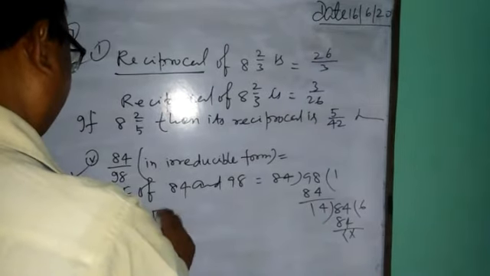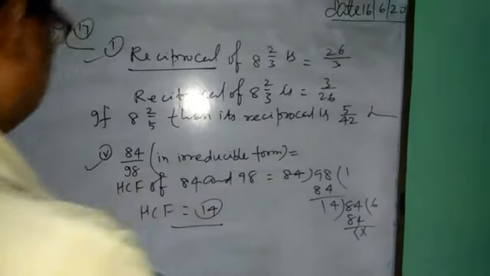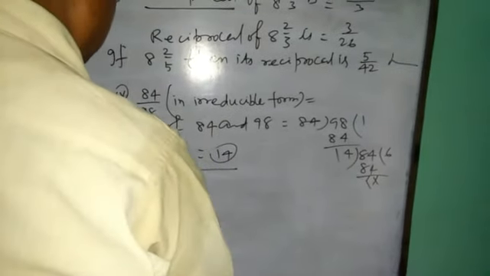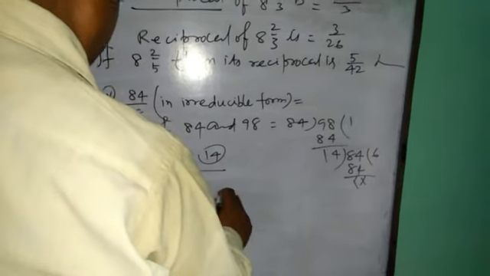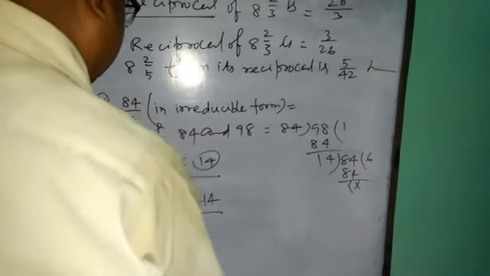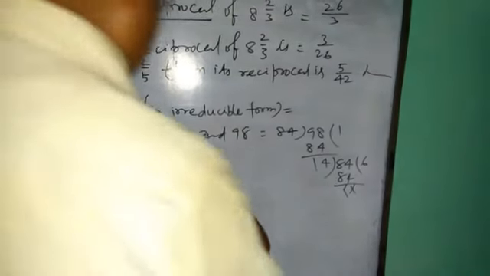HCF is equal to 14. Now we write 84 divided by the same number, 14, and 98 divided by 14 also. We have 6 by 7, answer.